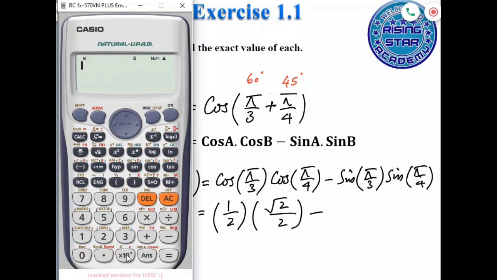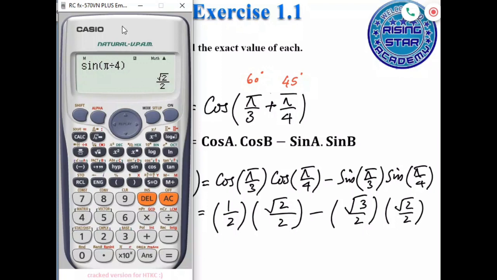Then we will check the sine value. So sine of shift pi by 3, that is square root 3 by 2. And sine of shift pi by 4, that would be square root 2 over 2.